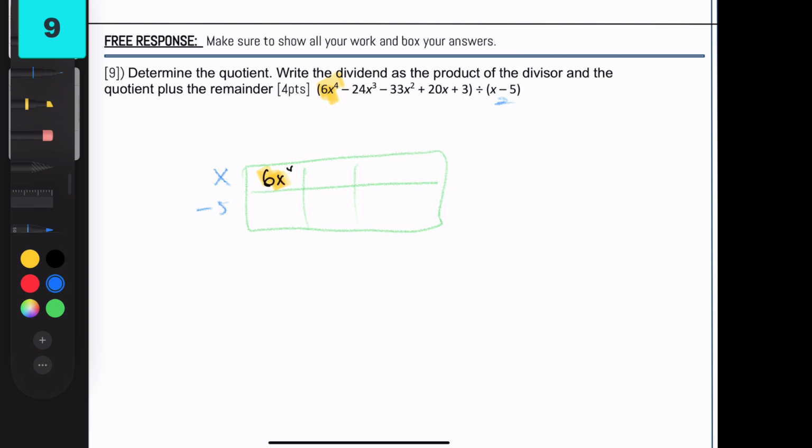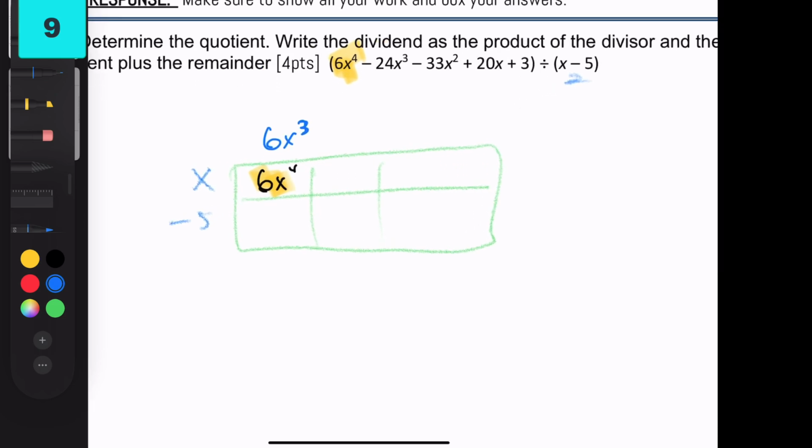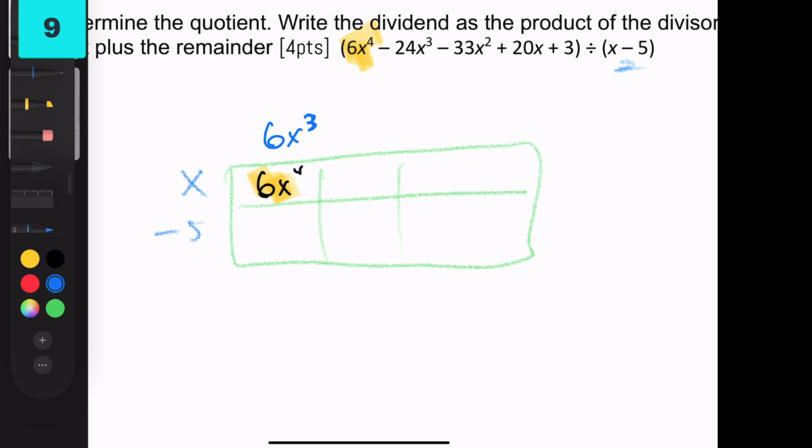You're going to multiply on the outside. So 6x to the 3rd times x will give us 6x to the 4th. We can multiply again. Negative 30x to the 3rd. Negative 30x to the 3rd plus something, which we have to come up with, equals negative 24. So that's going to be a positive 6x to the 3rd.